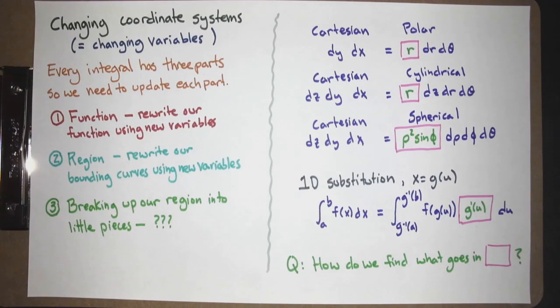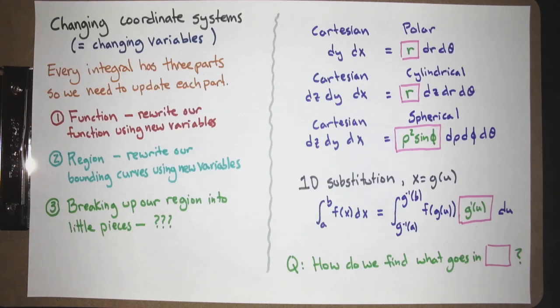Now, the function, usually that's pretty straightforward. And we wouldn't be changing coordinate systems if it was hard to change the function. So the function, we just figure out how to rewrite using our new variables. No surprises. For the region, we have to say, okay, how do we change that? Well, what's bounding our region?